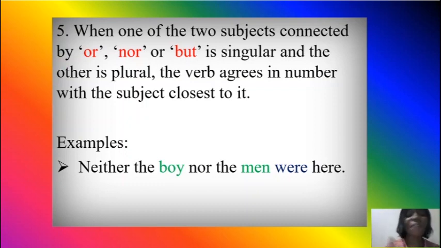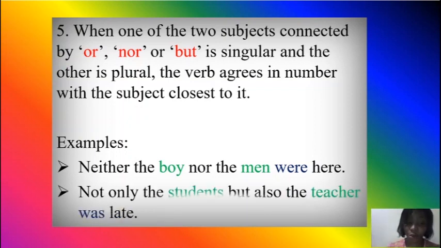Now, the verb agrees in number with the subject that is closest to it. And the subject closest to the verb is what? Men. Men is a plural subject. Being that men is a plural subject, the verb will also be plural. So we have neither the boy nor the men were here, not was here, because the subject that is closest to the verb is a plural subject.